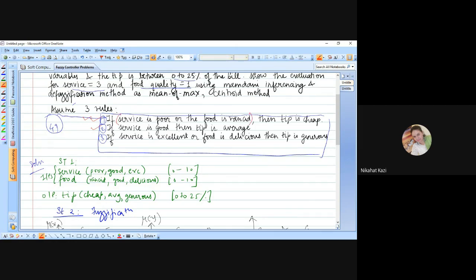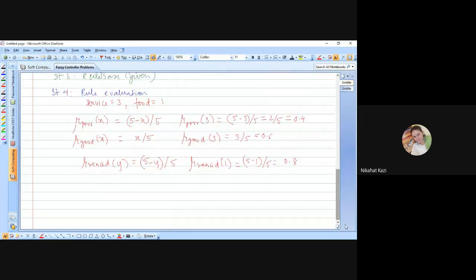That means what? You have to look at the membership of service, you have to look at the membership of food, and then you have to apply the OR operation, right? That is a max operation. So for this particular rule, rule 1 is fired. Okay. And what is the strength of rule 1?